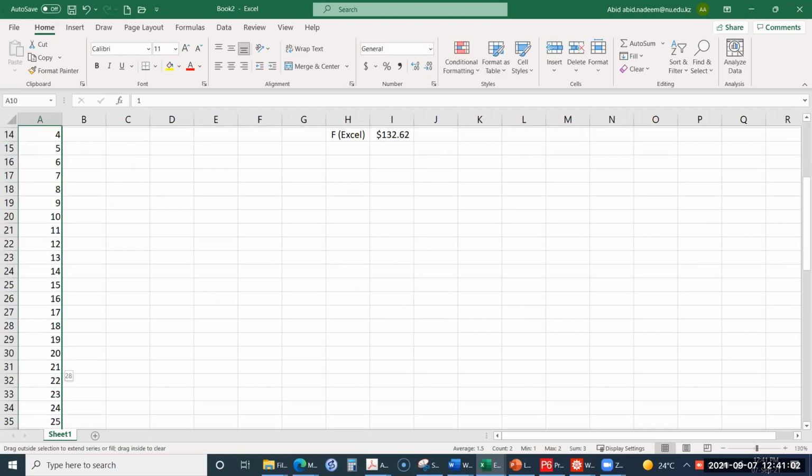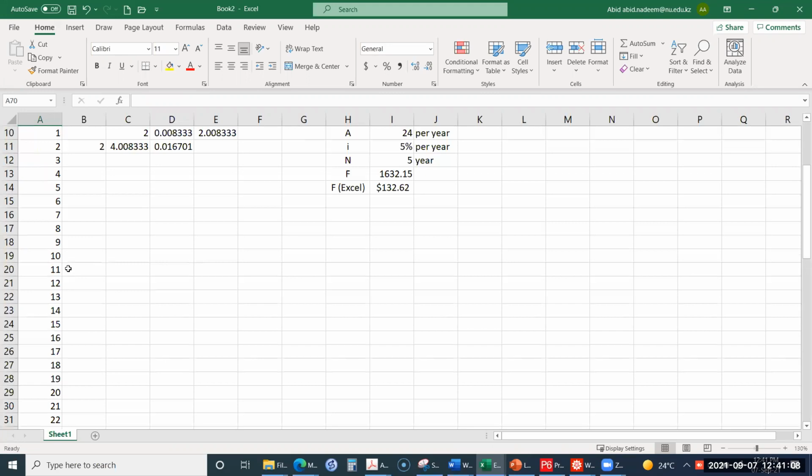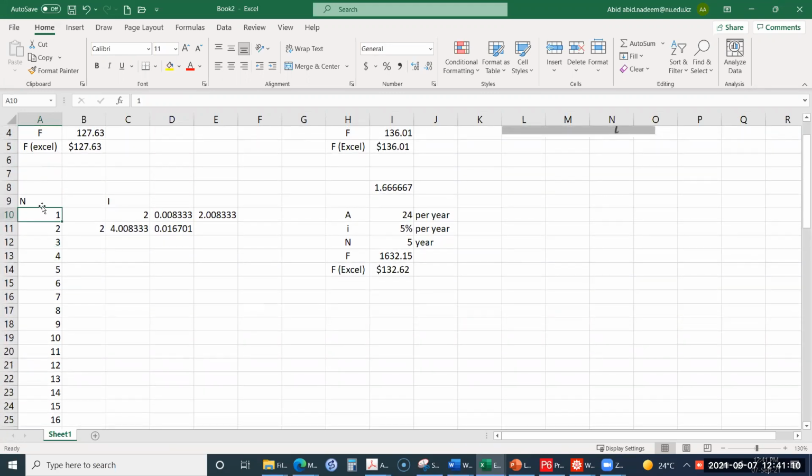So here you can see that I'm taking the situation after every month. So at the end of the first month, you will get this. For example, you deposited $2 now, and then you will get this much.